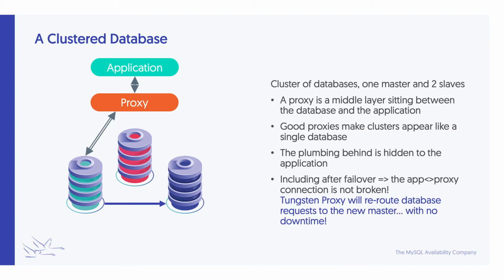In the case of Tungsten Proxy, you can see that the application to proxy link remains open, and the proxy will transparently reroute traffic to the new node without the application even noticing that a failure has happened. All it will see is a little lag in database access.